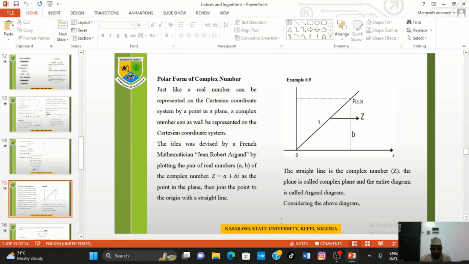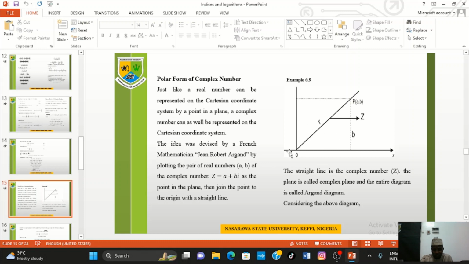The idea was devised by a French mathematician, Jean-Robert Argand, by plotting the pair of real numbers a, b of the complex number, giving z equals a plus bi as the point in the plane. Then join the point to the origin with a straight line. As you can see here now, this gives us the sketch.